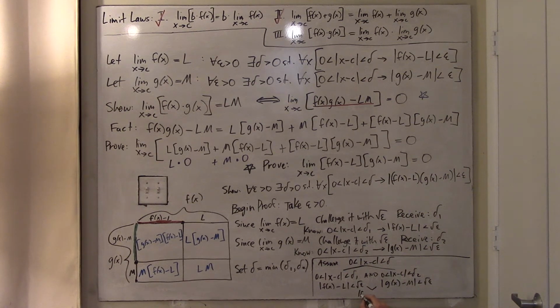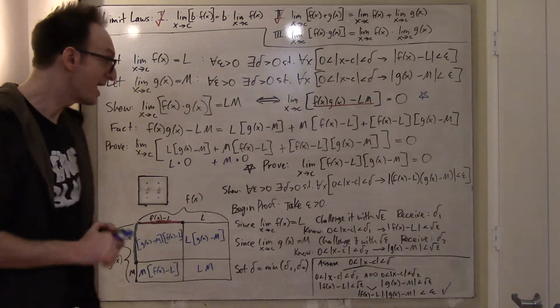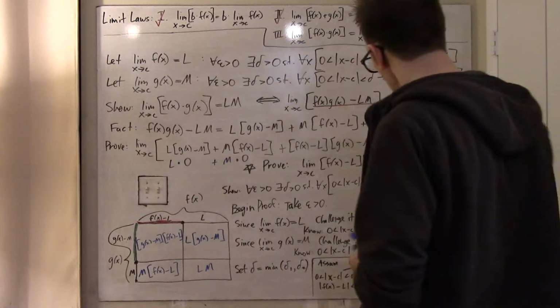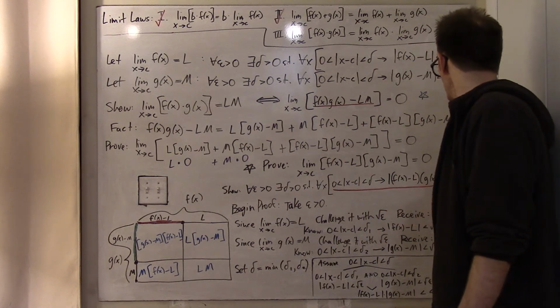That tells me that f minus L times g minus m is less than epsilon, and that is exactly the thing I'm trying to prove. Okay, so I sort of win, because I've proven this conditional.